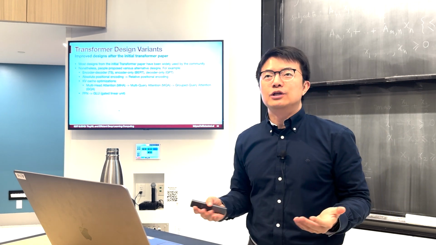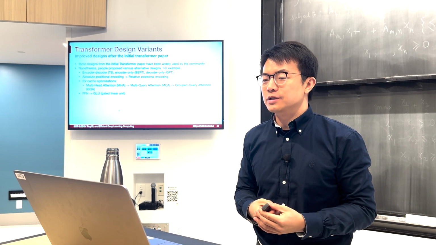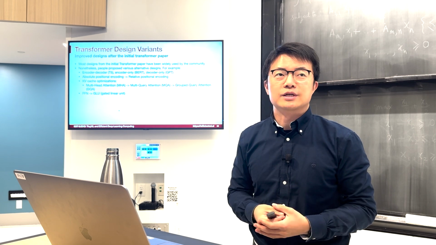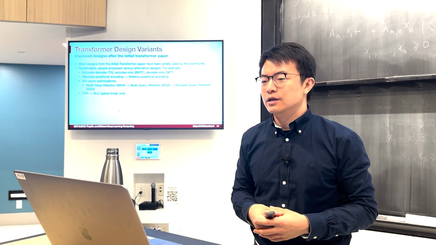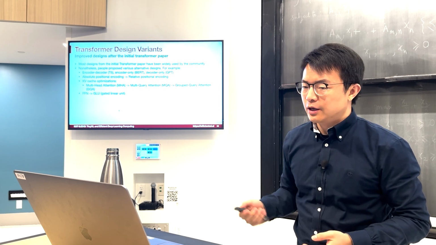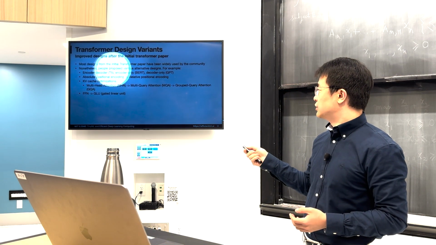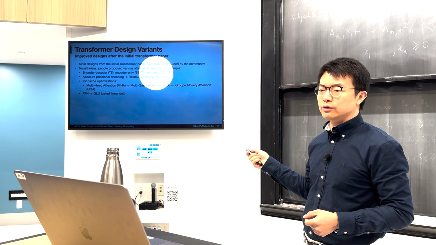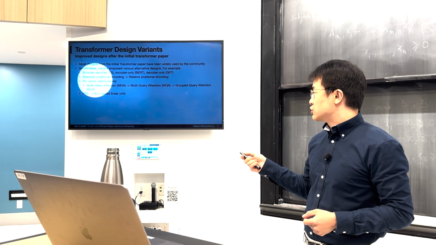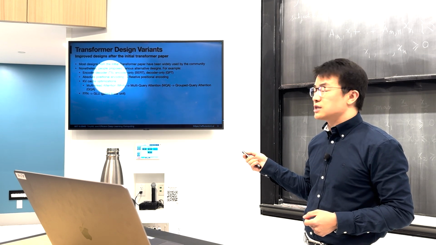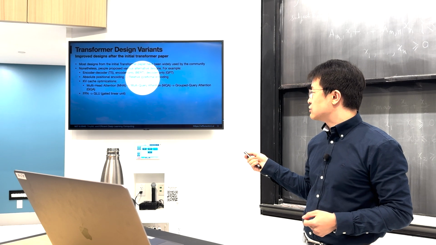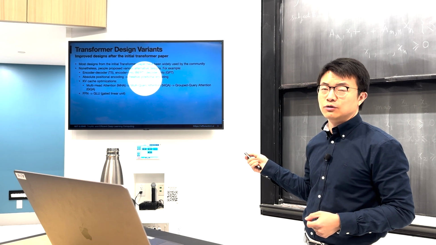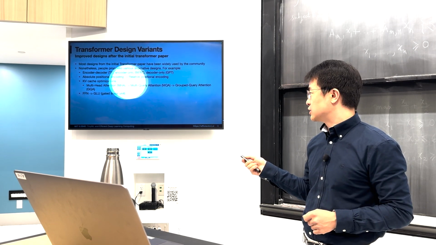Most of the initial design has been very widely used in the community, but people designed several variants and alternatives. For example, the encoder-decoder model, the encoder-only model, versus the most popular decoder-only model. And people improved the absolute positional encoding to relative positional encoding, which only depends on relative position.